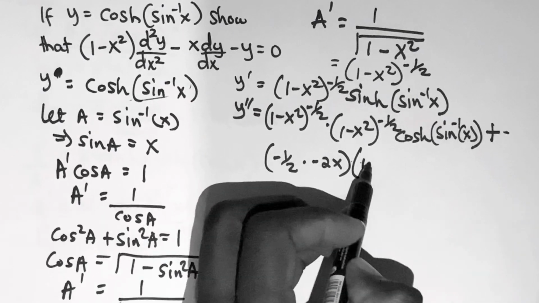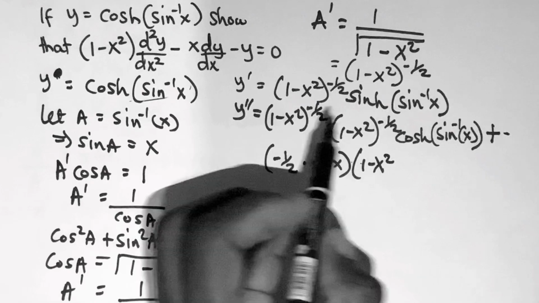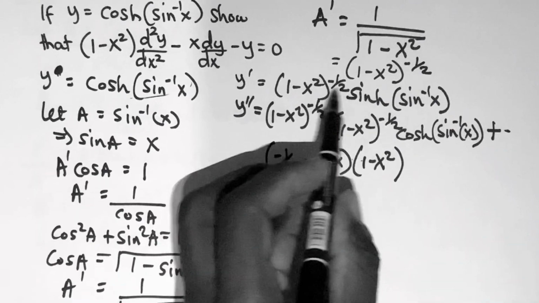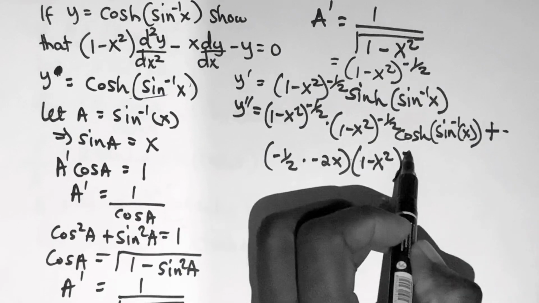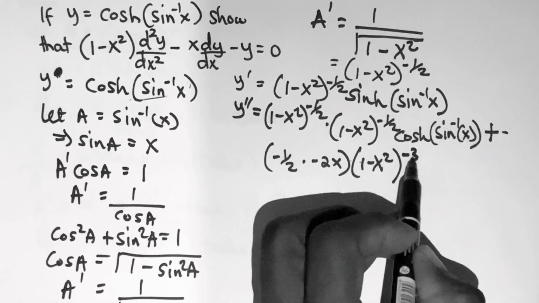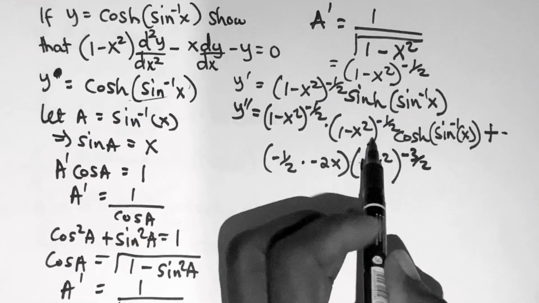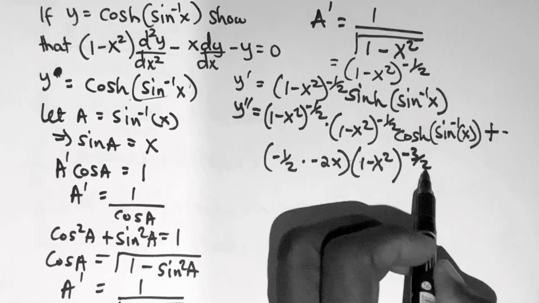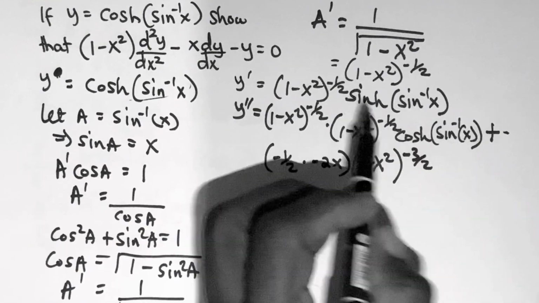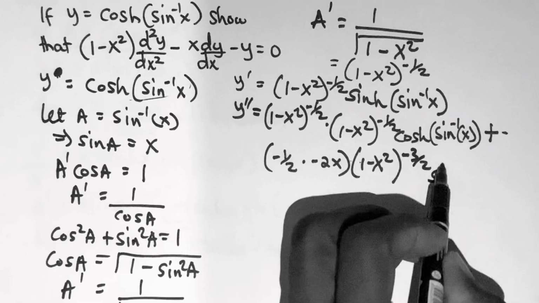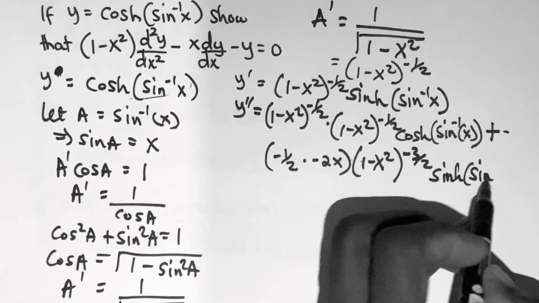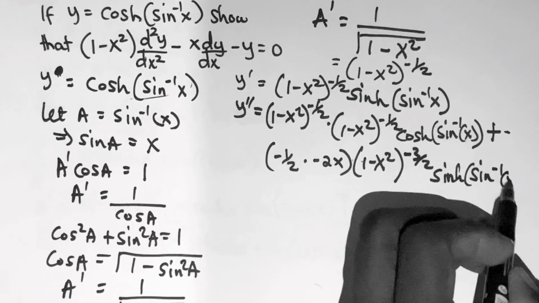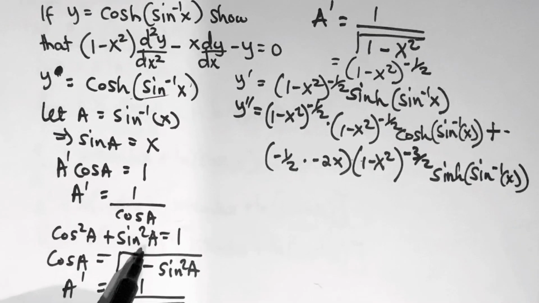Now (1 minus x squared) exponent minus half minus 1 will give us exponent minus 3 over 2. And then you repeat this function, which is hyperbolic sine of x into bracket sine inverse of x bracket close.